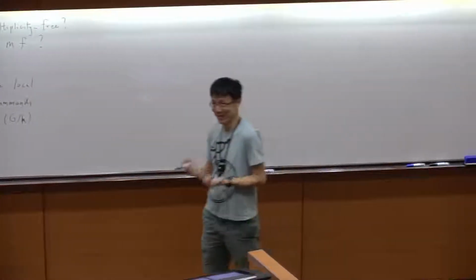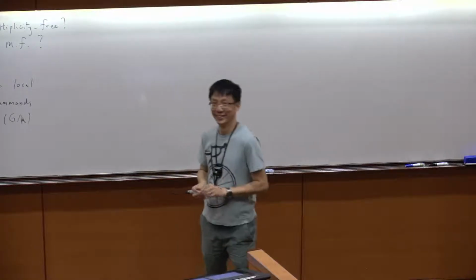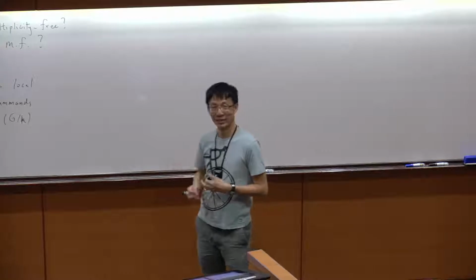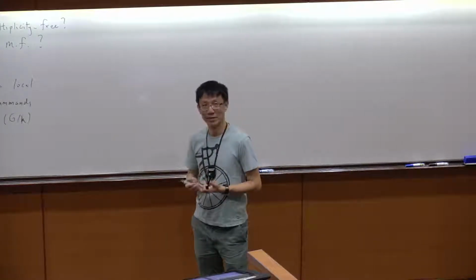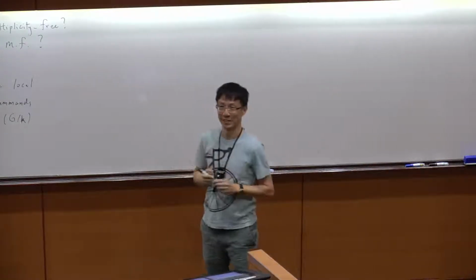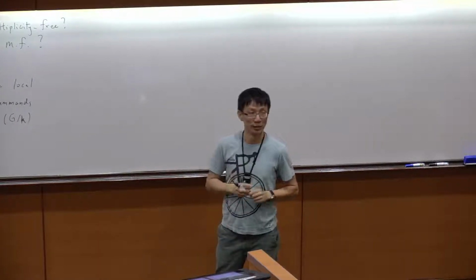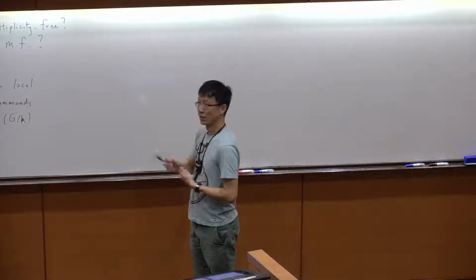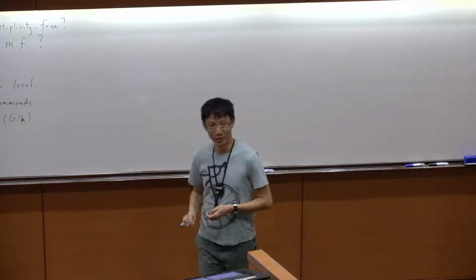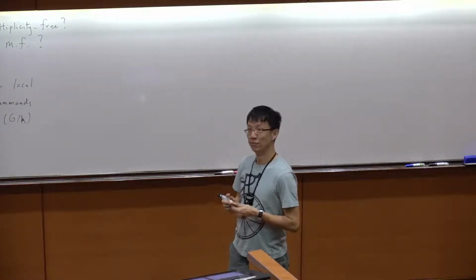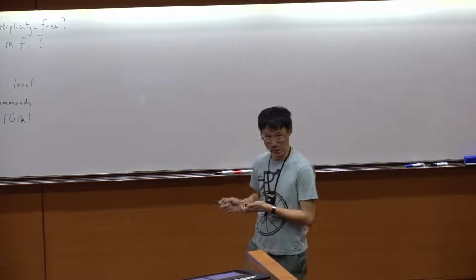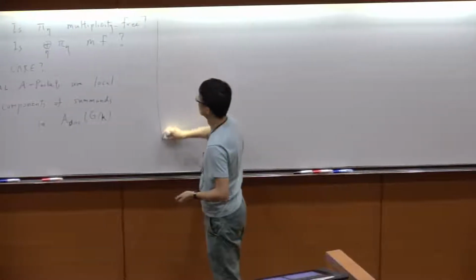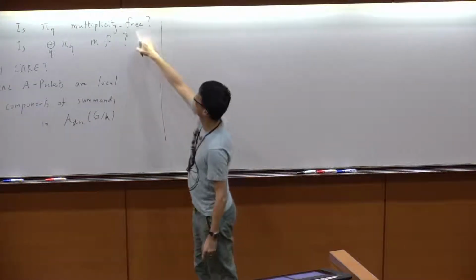For GLN, there was a basic result in the theory of automorphic forms. For SL2, I mentioned in my talk that it is true, but it's already much harder than the case of GLN, and it was only proved by Ramakrishnan about 2000. And for SLN, for n bigger than 2, it is in fact known to be false. Multiplicity 1 fails. So you may ask whether for classical groups multiplicity 1 holds. That's the relevance of this question.